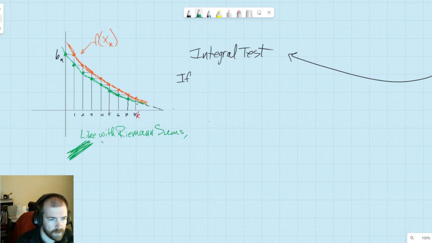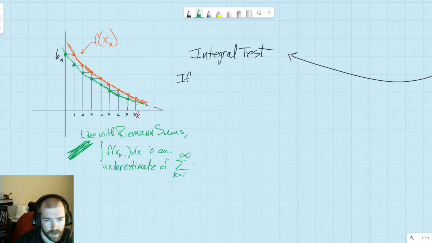This right here, the integral of f of x sub k minus 1 dx, is an underestimate of the sum as k goes from 1 to infinity of b sub n.